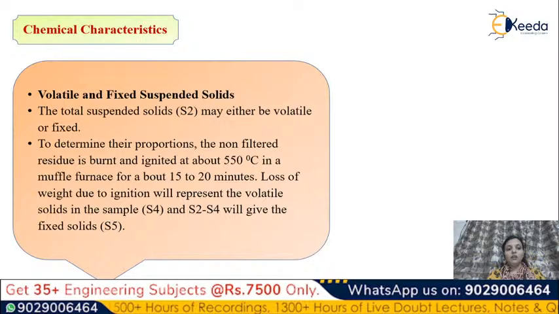To determine their proportions, the non-filterable residue is burnt and ignited at about 550 degrees centigrade in a muffle furnace for about 15 to 20 minutes. The loss of weight due to the ignition will represent the volatile solids in the sample, and S2, that is suspended solids, minus volatile solids will give the fixed solids.